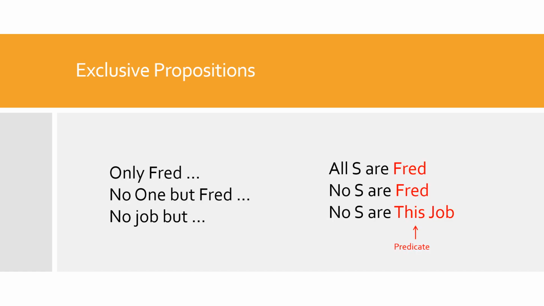If I have something like only Fred did something, or no one but Fred did this, or no job but this one, and so on, what happens is the thing that immediately follows the exclusive proposition gets pushed to the end. So something like only Freds are S's becomes all S's are Fred. Notice how the term that immediately follows my exclusive proposition gets pushed to the end of our categorical proposition.